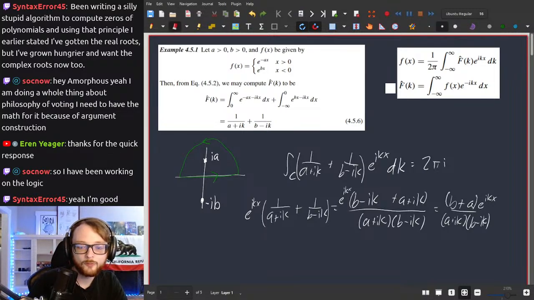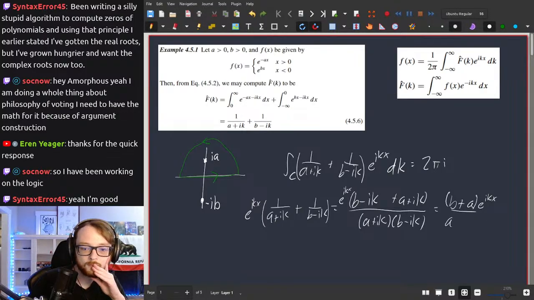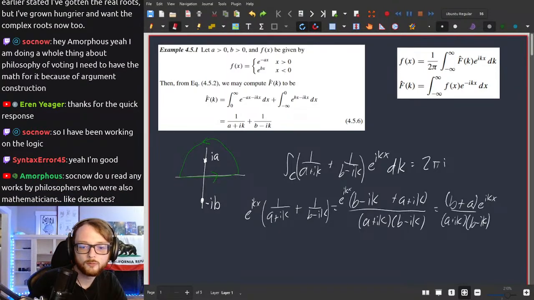I do want to multiply out this denominator here. Well, no, I can just do product rule. So I'm trying to find the residue first around ia. And so when it's a simple pole, there's a really easy formula.